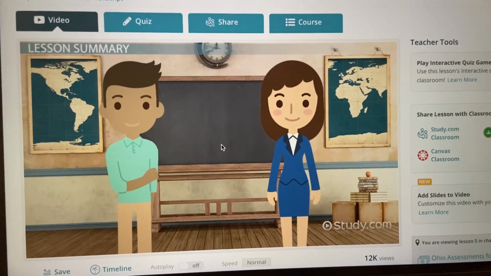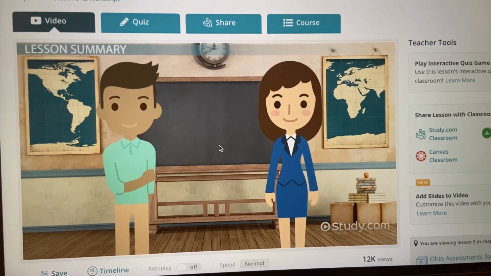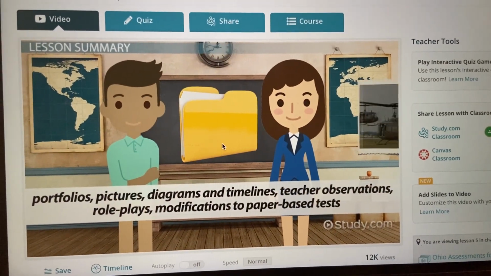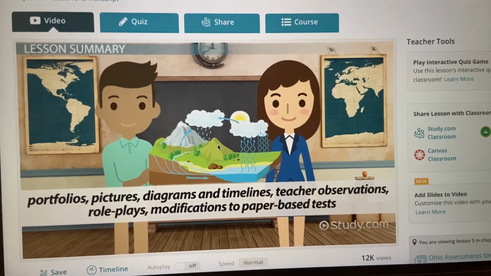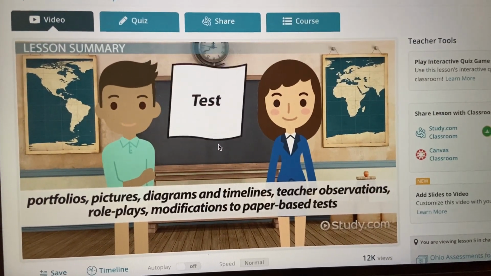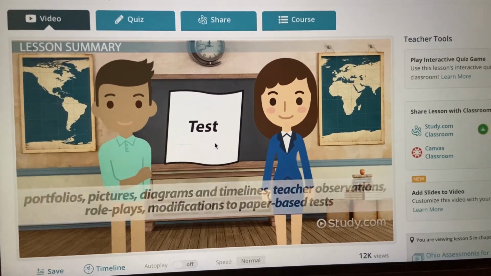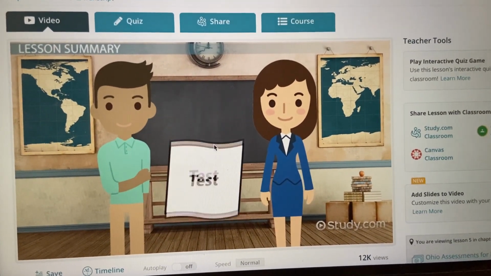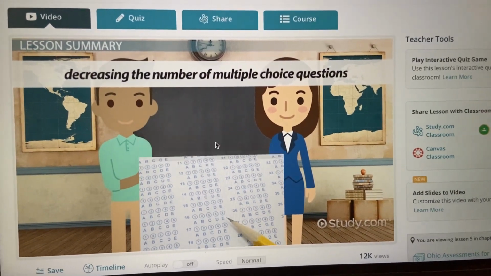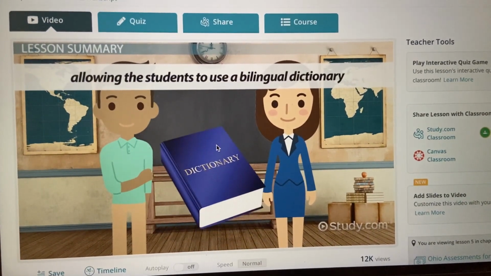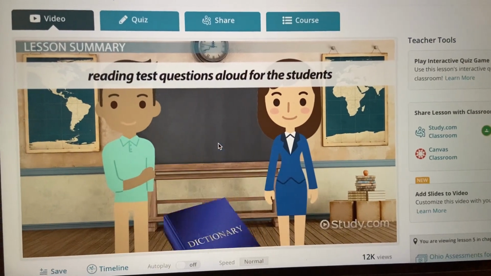For ELL students, some alternative forms of assessment include portfolios, pictures, diagrams and timelines, teacher observations, role plays, and modifications to paper-based tests. Modifications for paper-based tests can include things like decreasing the number of multiple choice questions, allowing the students to use a bilingual dictionary, and reading test questions aloud for the students.